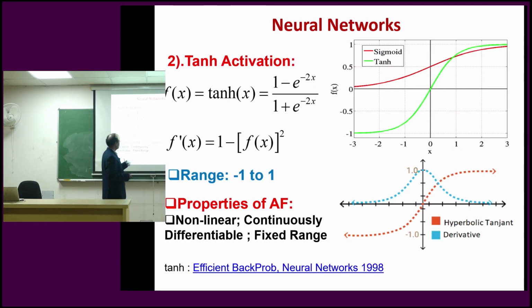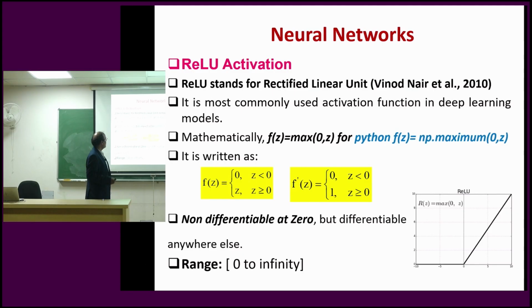So what is the solution? Because both have the same problem, the vanishing gradient problem. So the solution is we need to use a function which overcomes the limitation of the vanishing gradient problem. The problem can be overcome by using the linear activation functions.